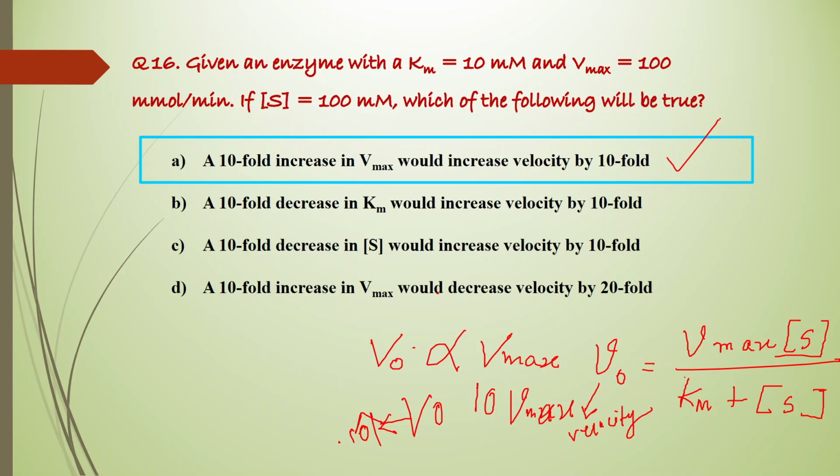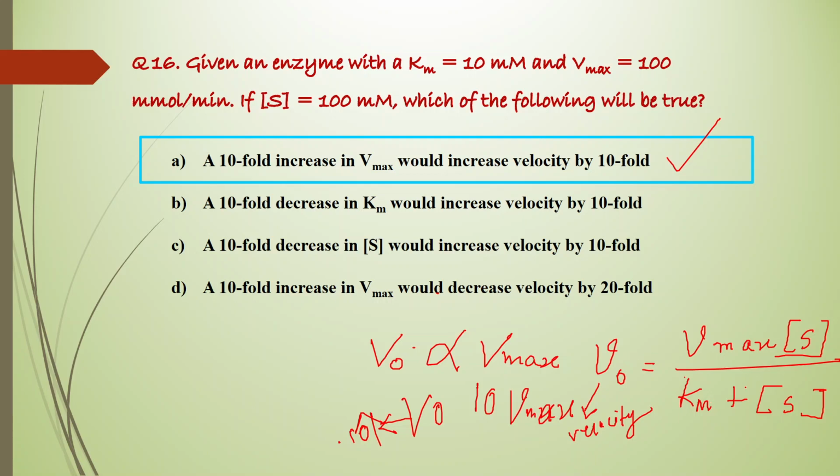Coming to the next option, we already know the first one should be the correct. Let us look at the other options to understand why those were wrong. The second option states that a tenfold decrease in Km would increase the velocity by tenfold. So where is our Km? Here in the denominator. What is the relationship between velocity and Km? Is there a direct relationship? There is not.